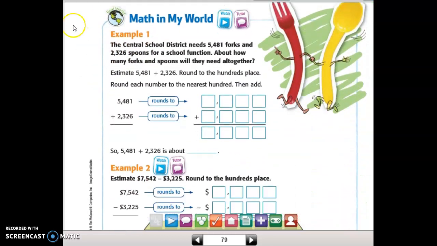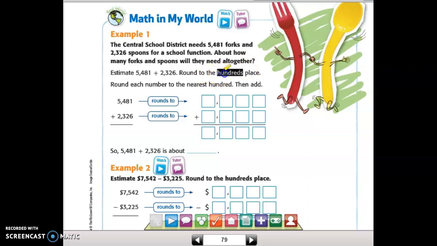Okay, example 1. The Central School District needs 5,481 forks and 2,726 spoons for a school function. About how many forks and spoons will they need altogether? So it says estimate these numbers, round to the hundredths place. So that's some important information we need.